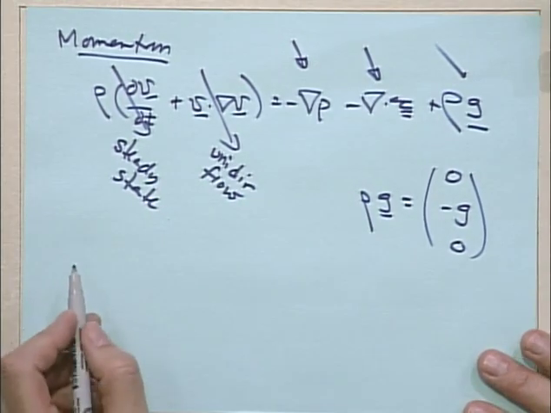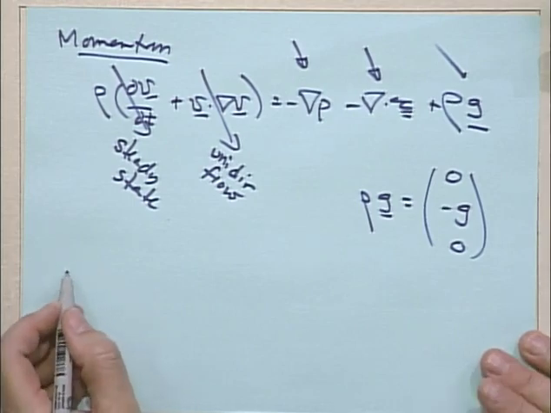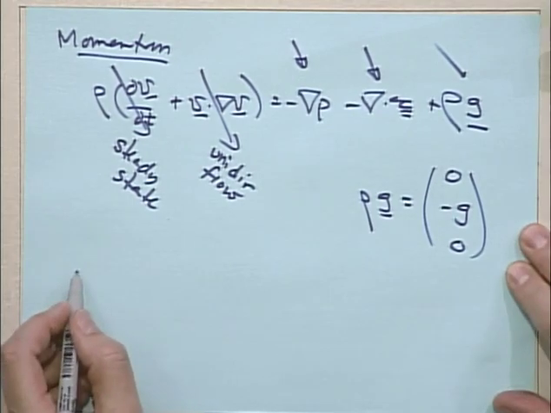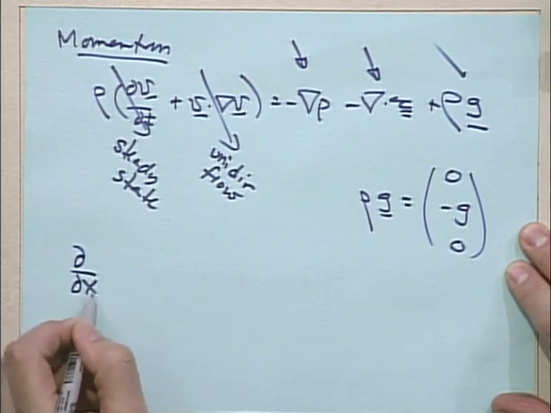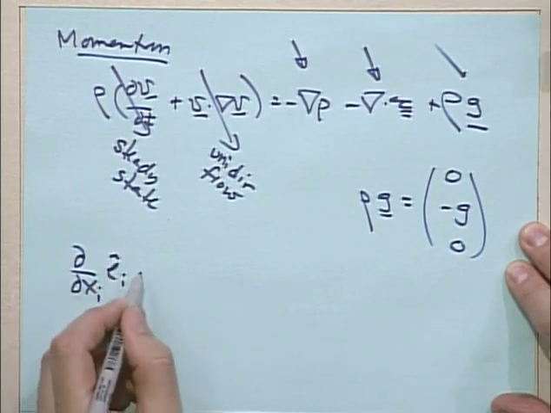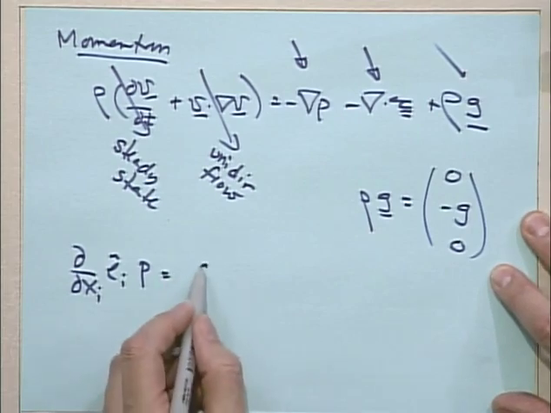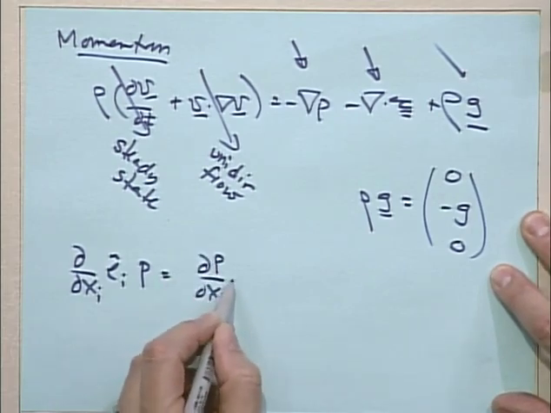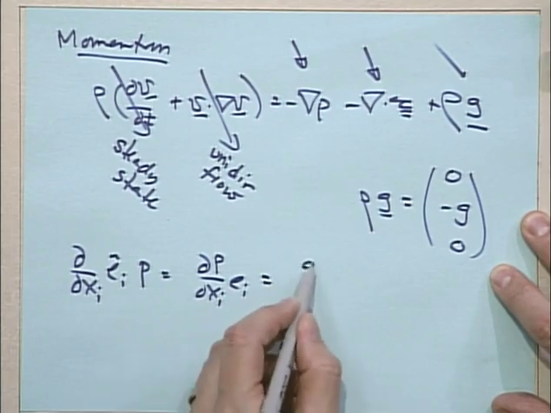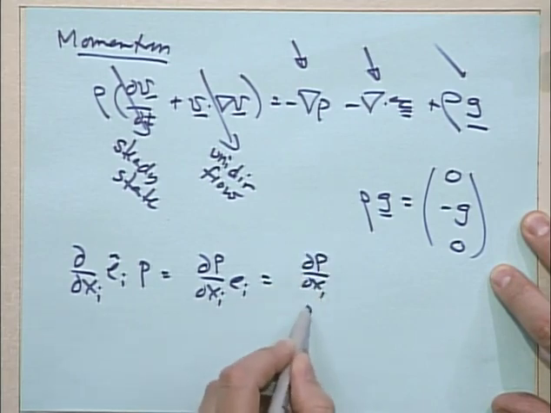So now we can write pressure, again from Einstein notation, d by dxi ei p, and so that's equal to dp dxi ei, which is dp dx1, dp dx2, dp dx3.